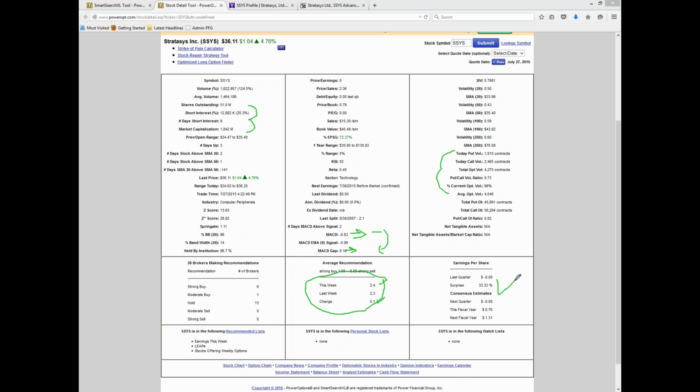Your last earnings. And then another interesting thing is, is this stock in any of the recommended lists? Right here we could see, is the stock in the S&P 5-star list, the IBD 50, the IBD CANSLIM, NASDAQ, is it in any of those? So right now we see that this stock is only in the earnings this week. We knew that because our eyes were drawn directly to that when we went to the stock chart and the research tool.